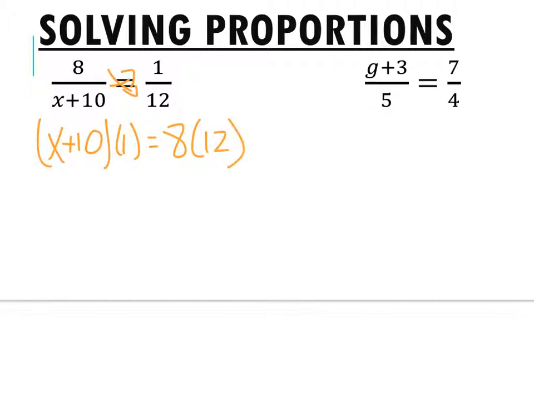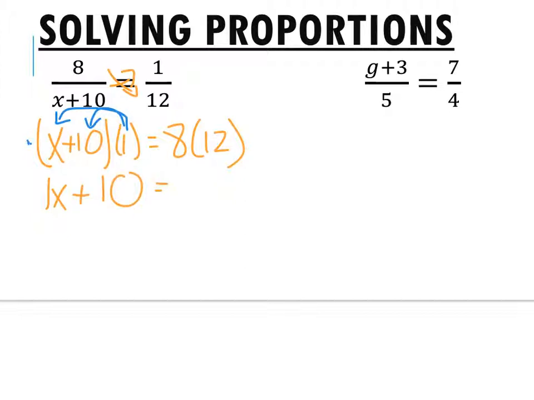On this side, over here, I'm just distributing this guy. He's just on the other side of the parentheses, but it's still distribution. So 1 times x gives me 1x, and 1 times 10 gives me 10.